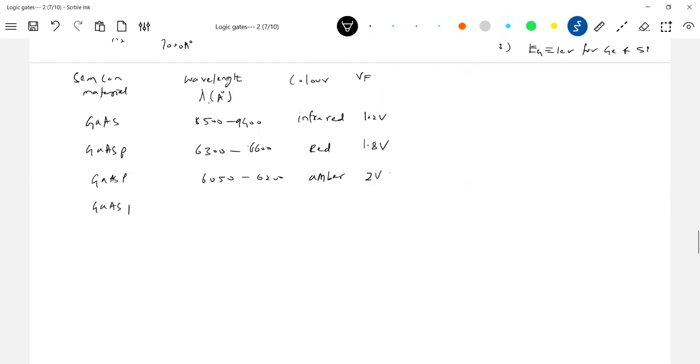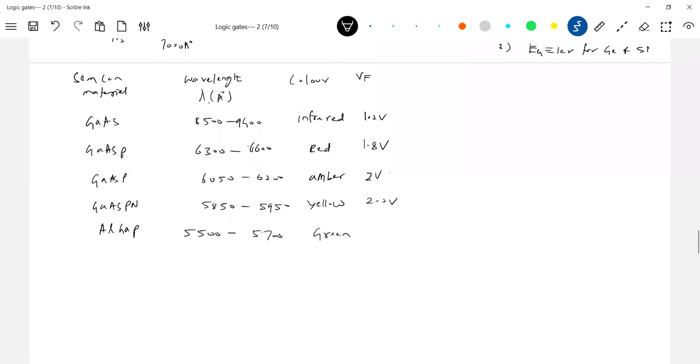Gallium arsenide phosphide nitrogen. All these are aluminium gallium phosphide, 5,500 to 5,700.